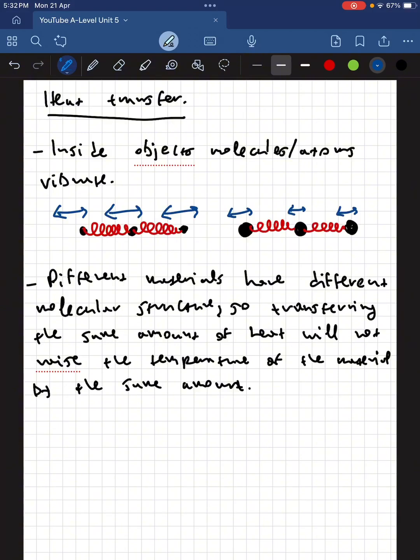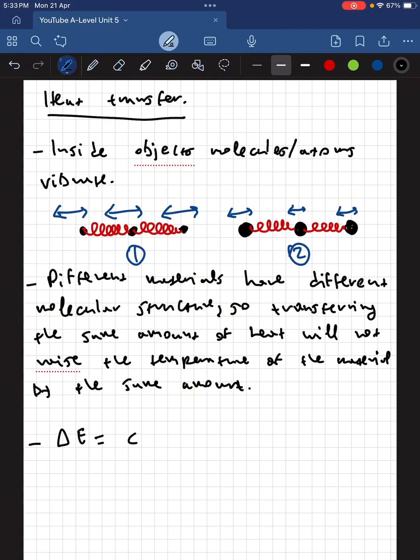So the temperature will not rise by a lot, like in the first substance. So in substance 1, if we transfer some heat, these guys are going to start vibrating really violently, whereas in substance 2, the same amount of heat will not make them vibrate by too much, okay? So this is modeled by an equation which you need to know how to use, and it's provided to you in the back of the paper.